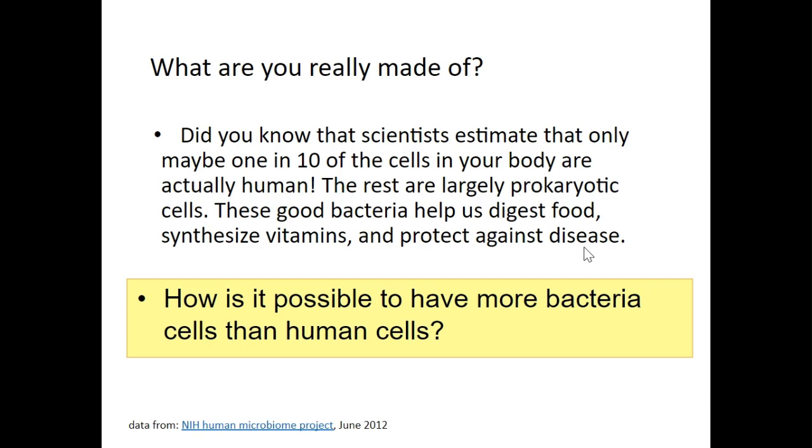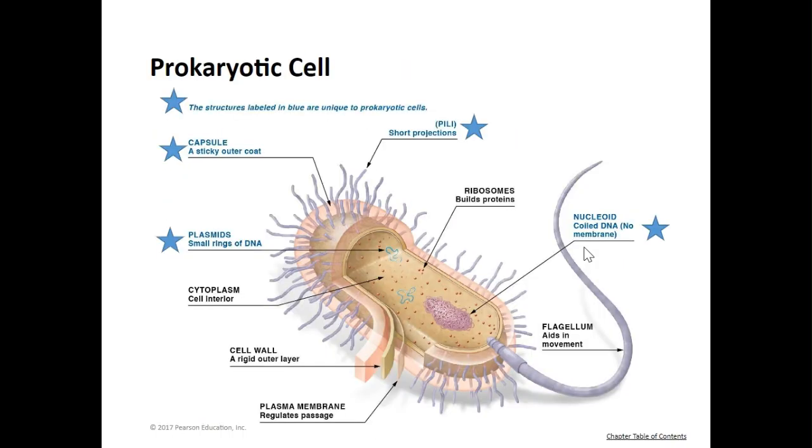And before you go to the bathroom, you are more bacteria than human. So we get rid of a humongous amount of bacteria when we defecate. And you can look up the stats on this, but it's a good chunk of the weight of our feces that's actually bacteria. So that's fun.